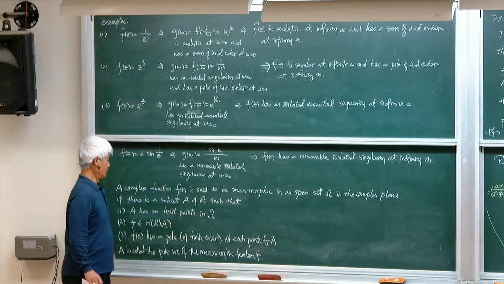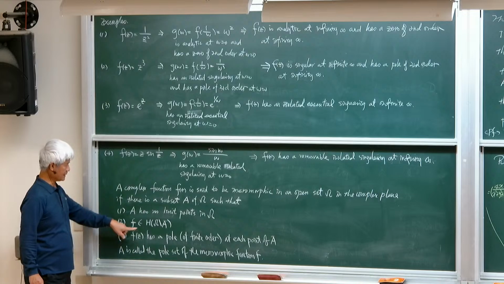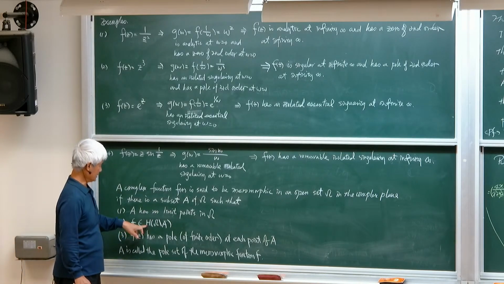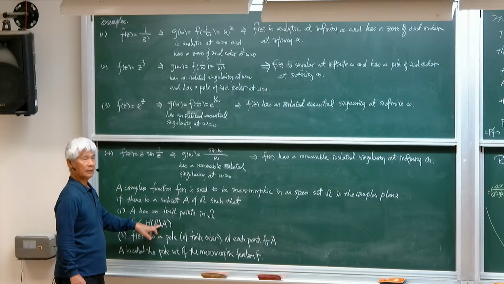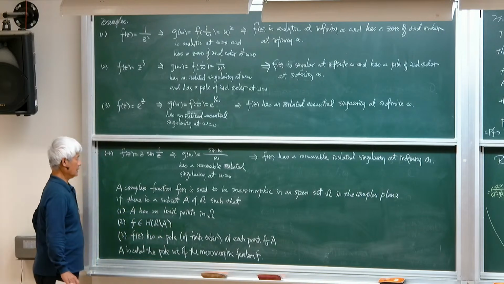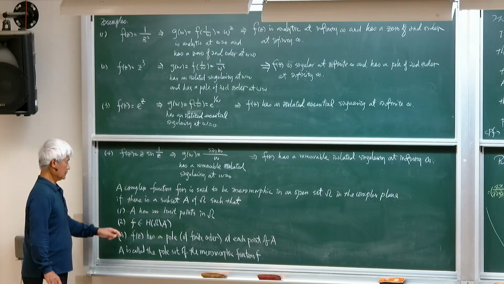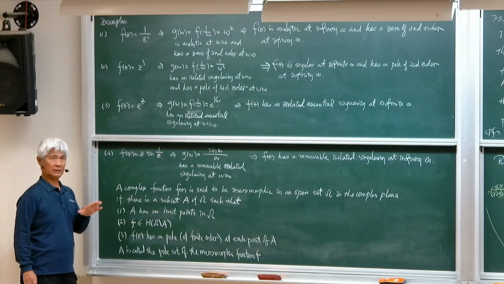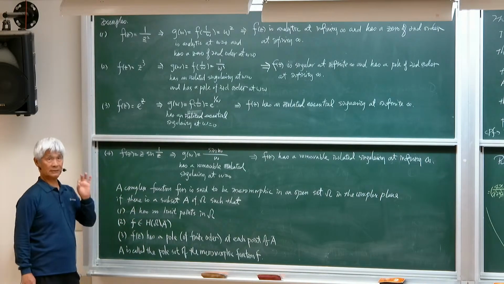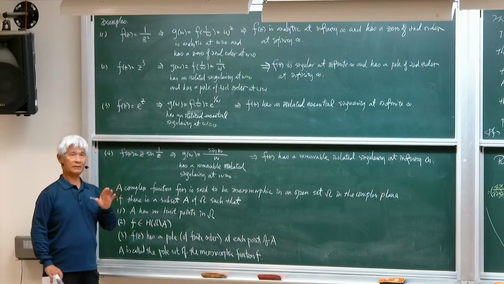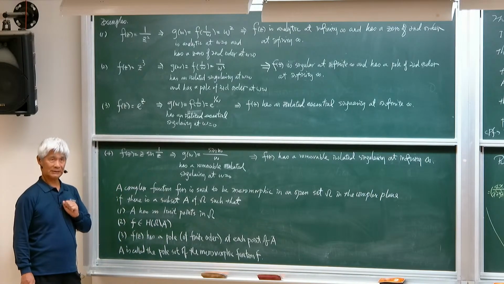So the second point says that F is analytic in this set omega set minus A. And the function F is singular at every point of A. But that singularity should be isolated, okay?